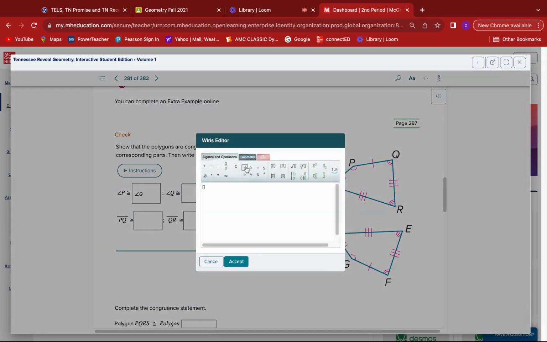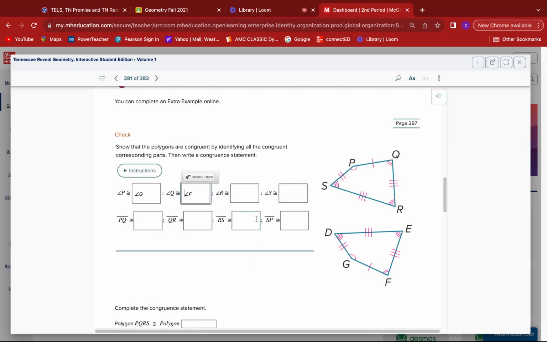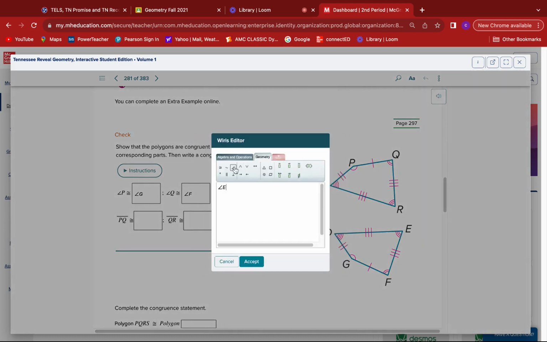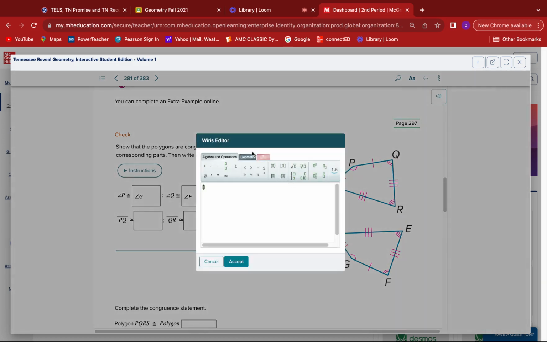Don't make a mistake there. I went from P to Q, and I went from G to F. All right, so R is a 3, and that's going to be marked congruent to E, which is a 3, angle E. And S, which is a 4, is going to be marked congruent to angle D, which is a 4.